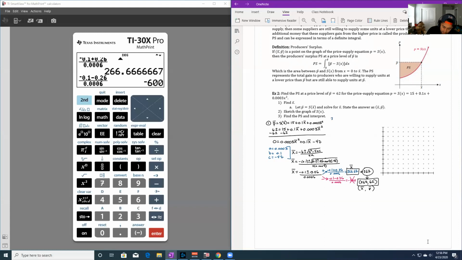So S of X is 15 plus 0.1x plus 0.0003x squared. And for my XY chart, again, for these problems, we'll always start at 0.